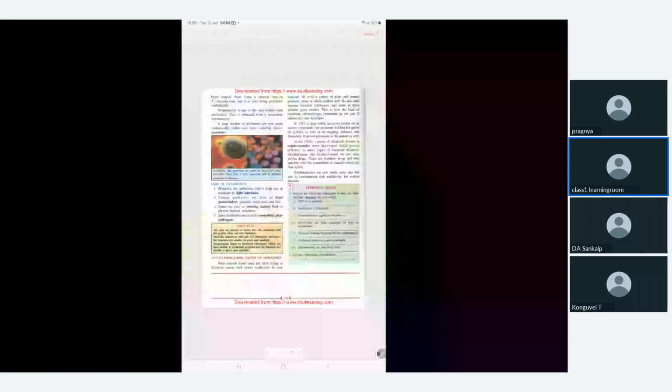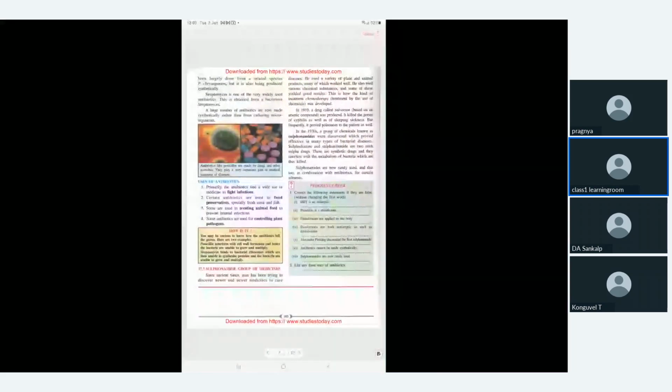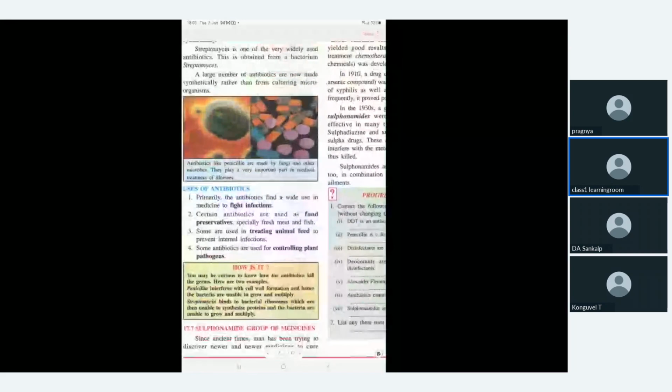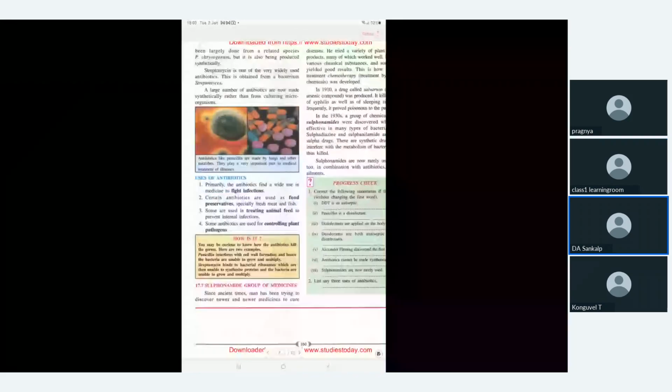Then there are other antibiotics. Penicillium chrysogenum also produces penicillin. Streptomyces species produce streptomycin, which is produced by Streptomyces.